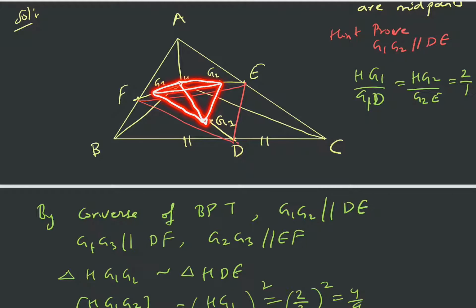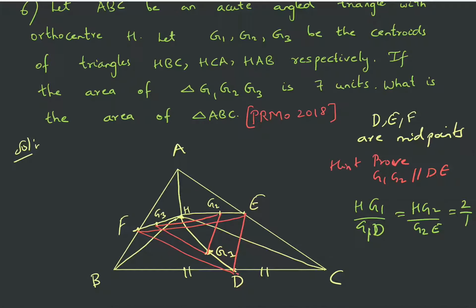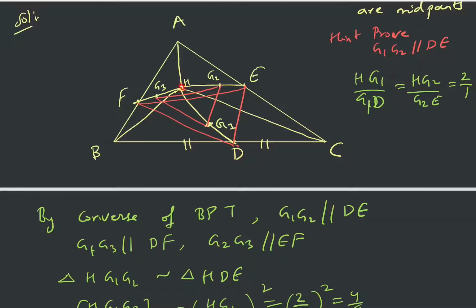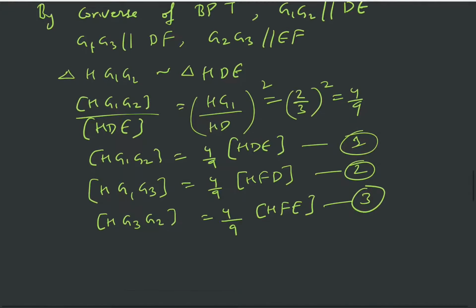Now with the areas of triangles HG1G2, HG1G3 and HG3G2, how can I construct the area of triangle G1G2G3? Because I want the area of triangle G1G2G3. This is given as 7. So by adding or subtracting, how can you find the area of triangle G1G2G3?